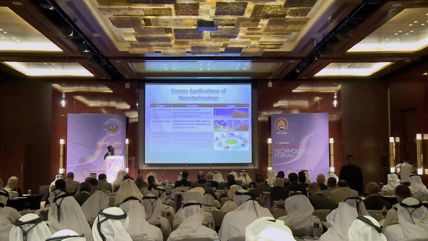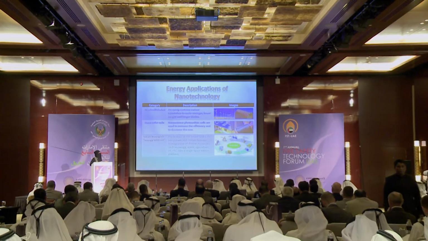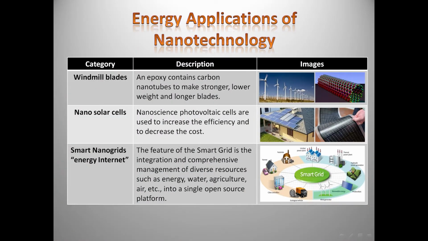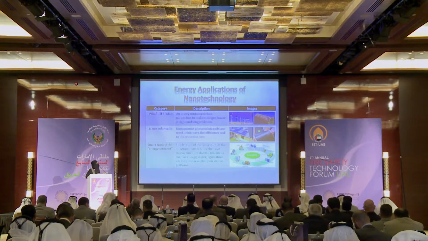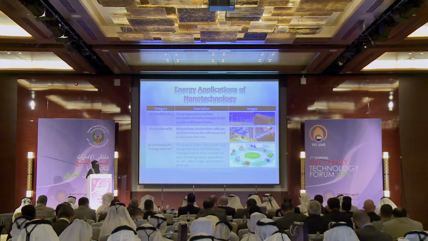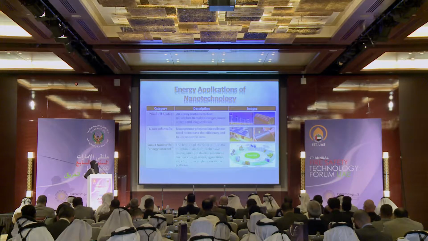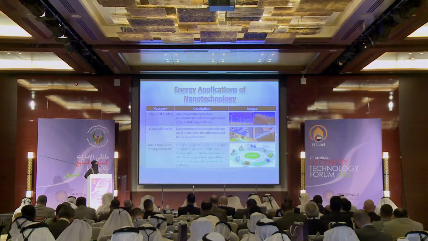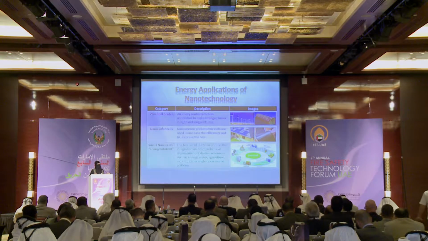Also, the efficiency of the existing solar cells achieves only 10% of producing energy. With using nanomaterials, we can enhance the efficiency from 10% to 40%, which is interesting, and we can make cheaper solar cells.